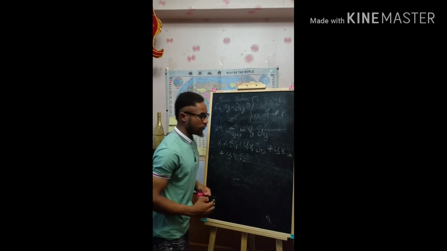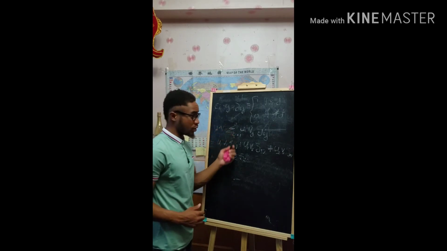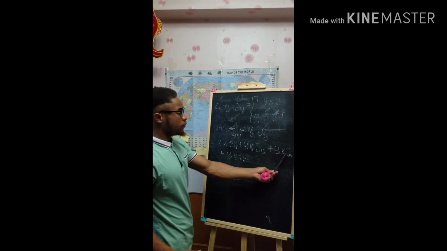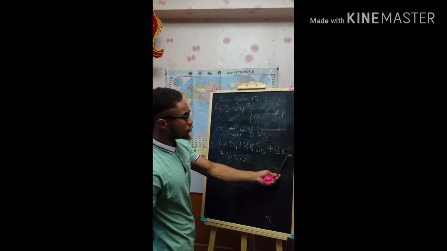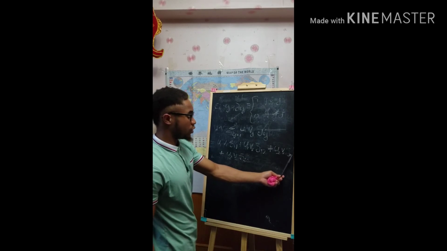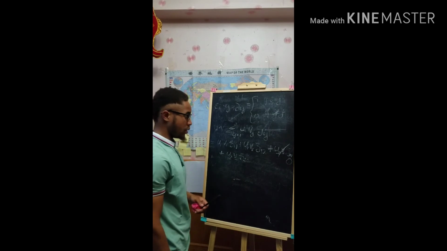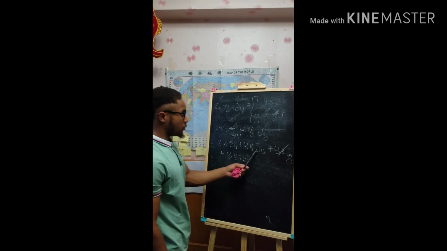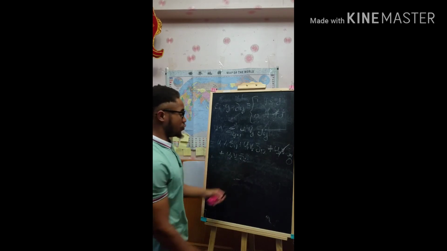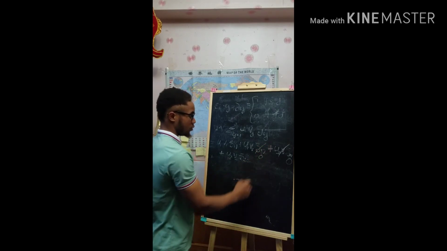Remember that we have learned from the basis vectors: Kronecker delta 2 1 is 0, right? And Kronecker delta 1 2 is also 0.